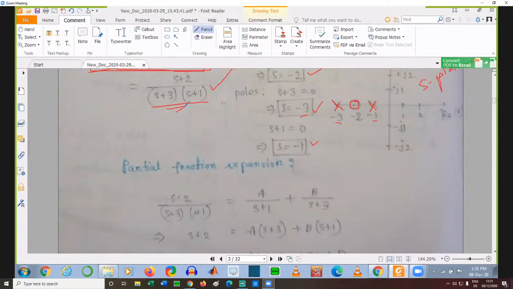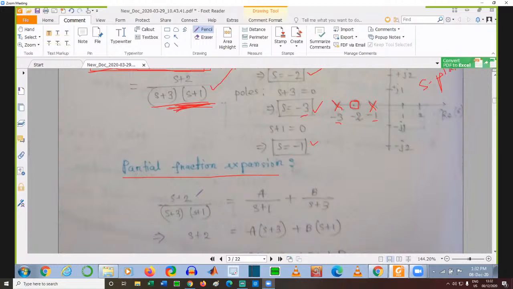To plot that curve, you need a mathematical method called partial fraction expansion. By this partial fraction expansion, we can convert this frequency domain transfer function to the time domain. So let's see how we can do that.